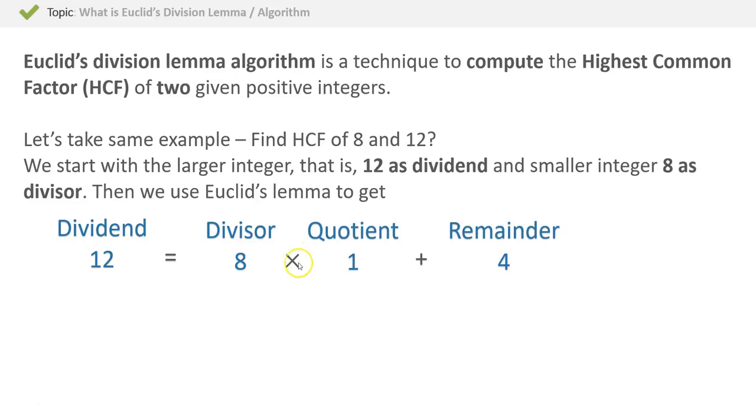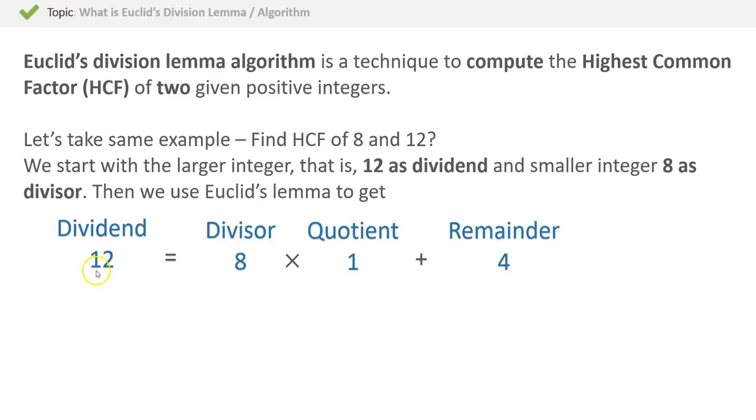So we take the bigger number as dividend and the smaller one as divisor, and try to represent the bigger number as the smaller number multiplied by some quotient plus whatever is left as remainder.